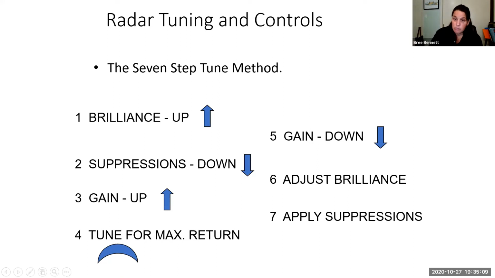Then you want to adjust the brilliance accordingly, daytime, nighttime, twilight, whatever it is. And then you can apply your sea clutter or rain clutter depending on what you need to, adjusting your brilliance and your suppressions along the way as you need to.